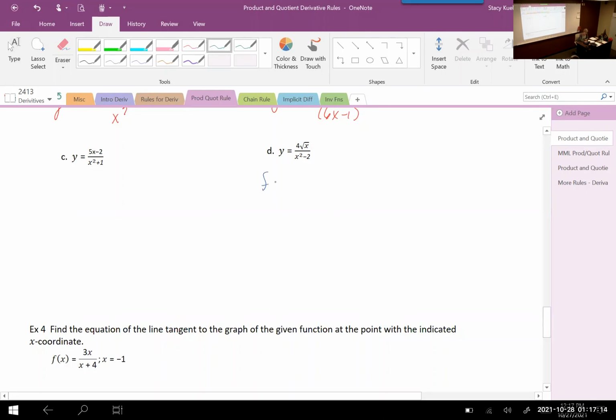So the numerator, which would be 4x to the positive 1/2, its derivative would be 2x to the negative 1/2. The denominator is x squared minus 2. Its derivative would be 2x.